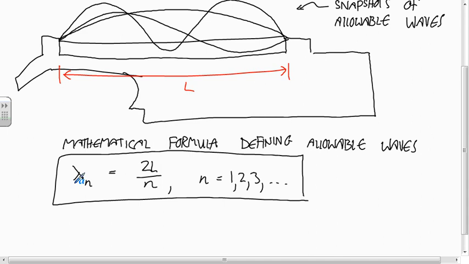Frequencies are the way we describe sound waves, and we could also use those frequencies to calculate omega values if we wanted to plot these waves out.